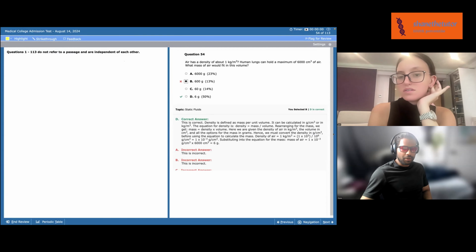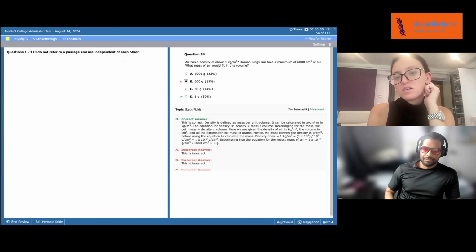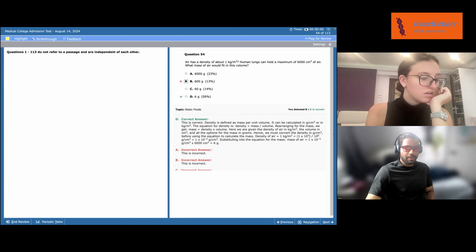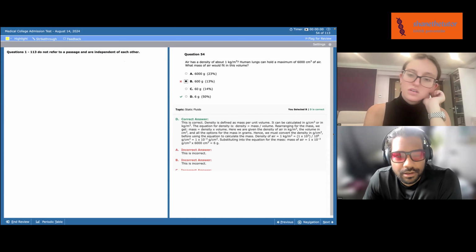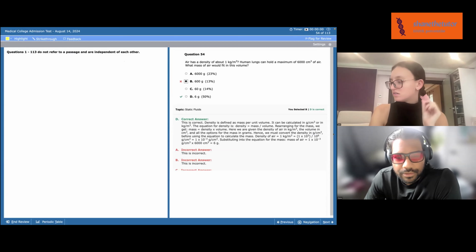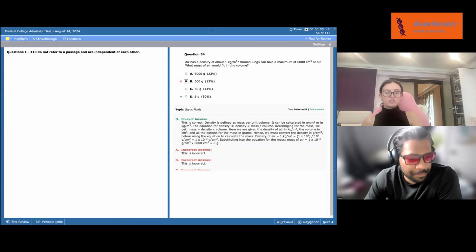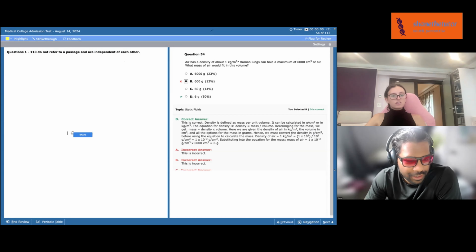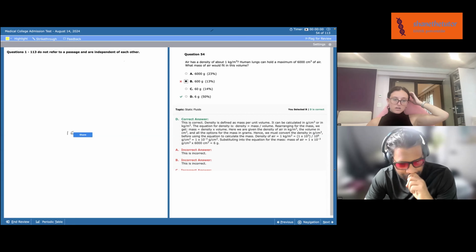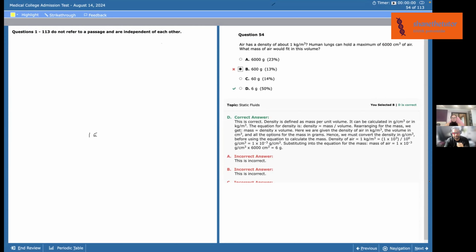So we can do something like a math shortcut. Let me think. I'm pretty sure it'll be like a million. But do you have to do the cubics if they're both in cubic, like meters and centimeters?